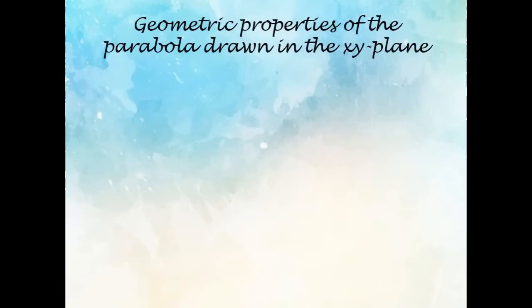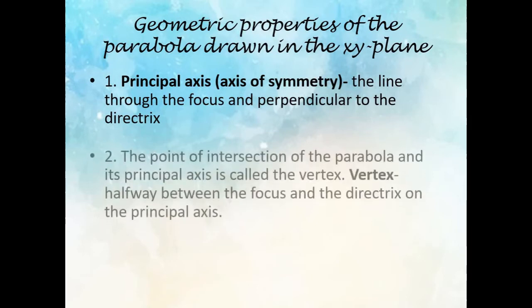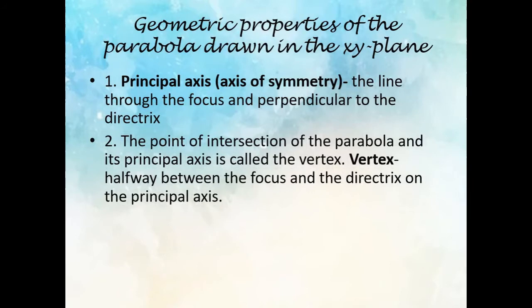Geometric properties of the parabola drawn in the xy plane. Number 1. Principal axis or axis of symmetry. That is the line through the focus and perpendicular to the directrix. The point of intersection of the parabola and its principal axis is called the vertex.